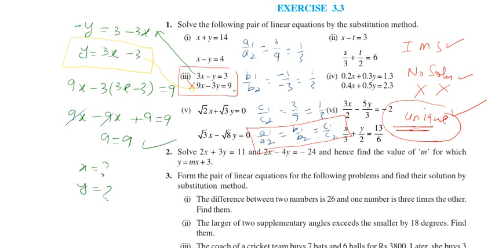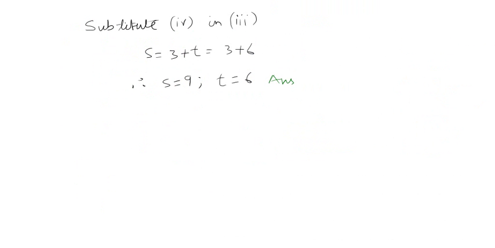Let me come back to my page. So I'll solve it here. This was question number 1, third part. So the equations are 3x minus y is equal to 3, and the second one is 9x minus 3y is equal to 9.